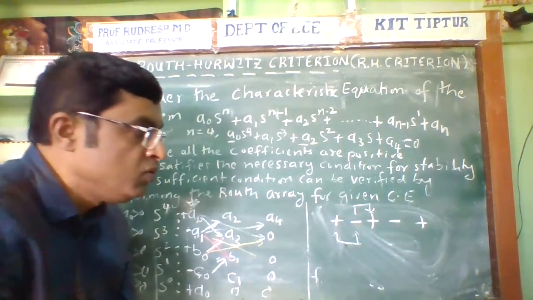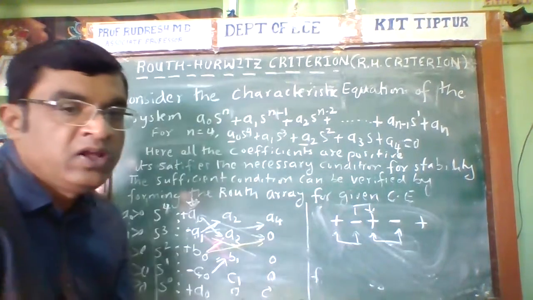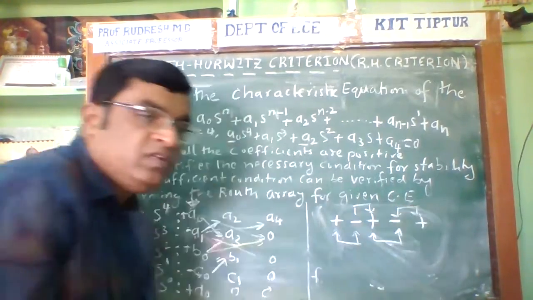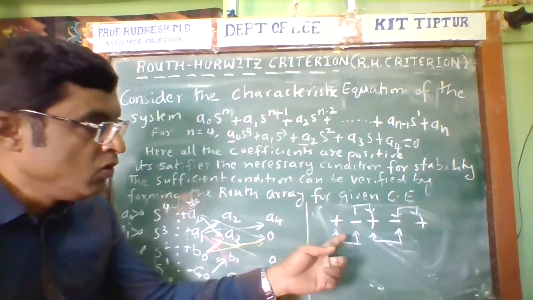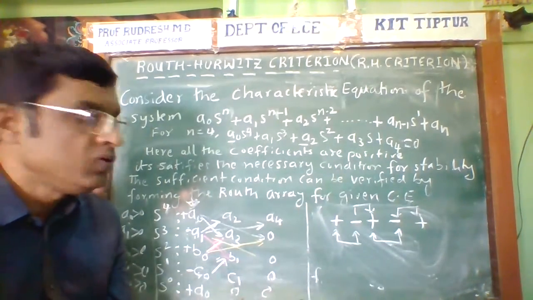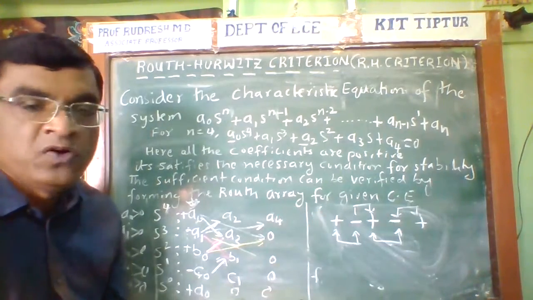So there are two sign changes, and again from positive to negative is one sign change, and from negative to positive is another. So the number of sign changes is equal to 1, 2, 3, 4. The number of sign changes is equal to 4.